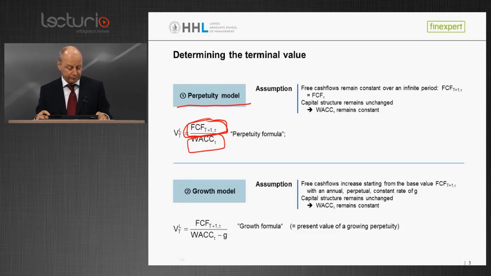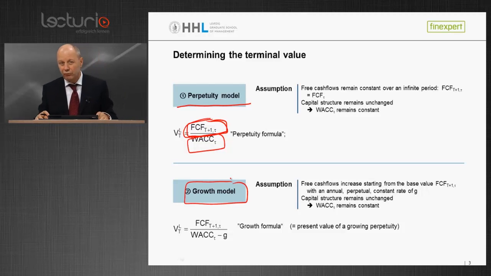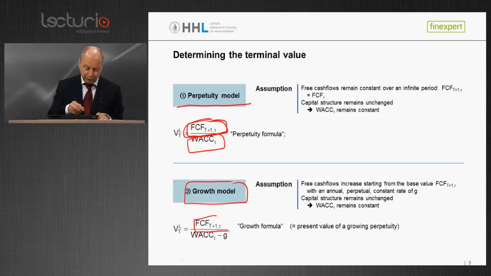The next step is the growth model, which simply adds a constant growth rate to the problem. We have a starting free cash flow in the first year of phase number two, and the assumption is that this cash flow grows at a constant rate G over an infinite time frame.